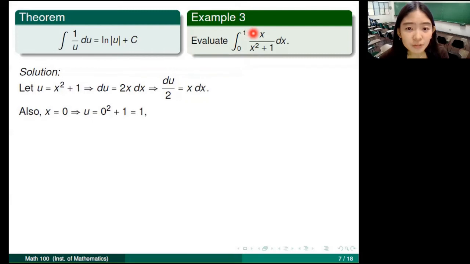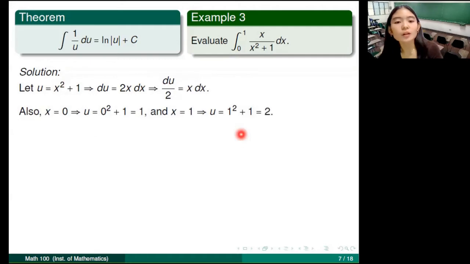Ano naman yung upper bound of integration therefore? If ang x natin ay equal to 1, basing it on our definition for u, ang new upper bound of integration natin ay magiging 1 squared plus 1 equal to 2.